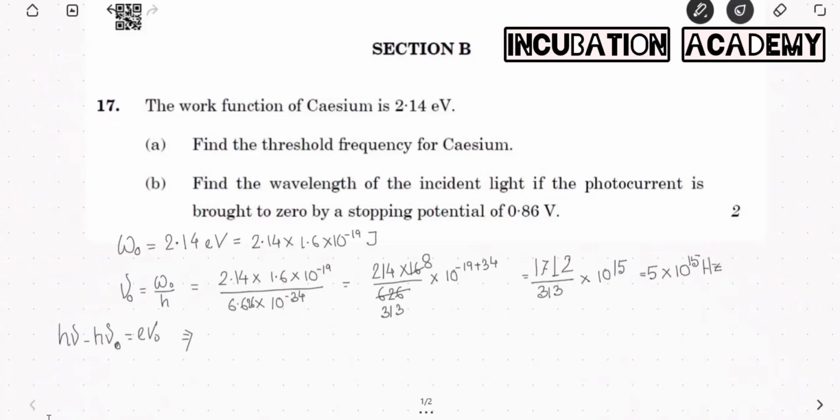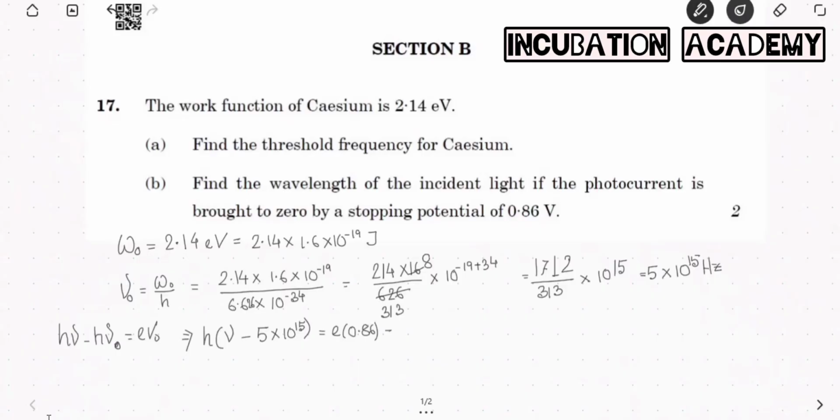If you know the frequency, you can find the wavelength. Nu naught we already calculated, 5 into 10 to the power 15. What is e? 1.6 into 10 to the power minus 19. What is the value of V naught? It is 0.86.